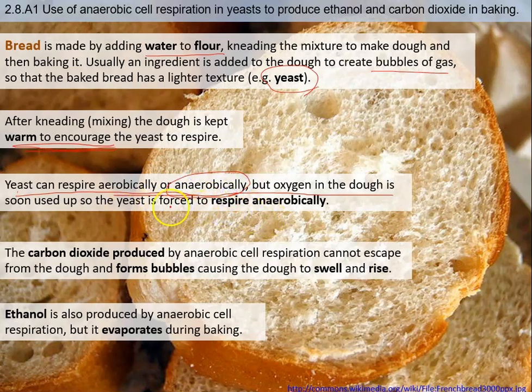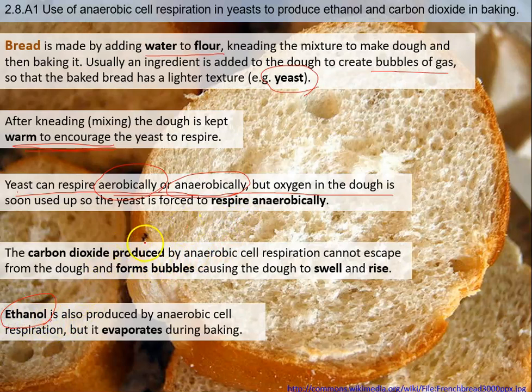And in both cases, at the start of the respiration, which is the aerobic, the product would be carbon dioxide, and once the oxygen is used up, then it goes to anaerobic, and it ends up with the production of ethanol at the end as well.